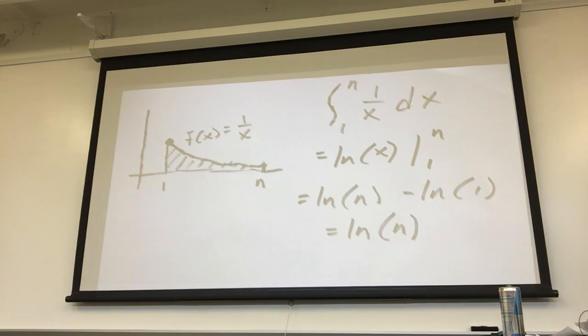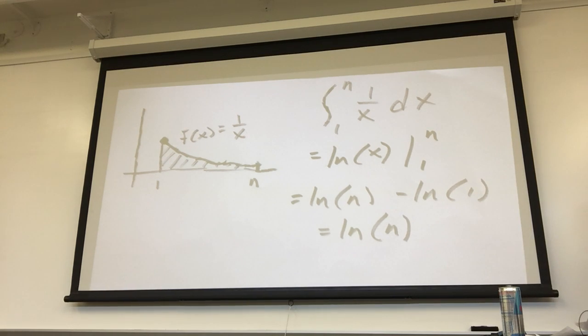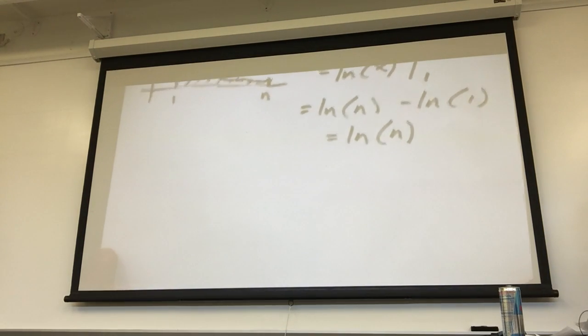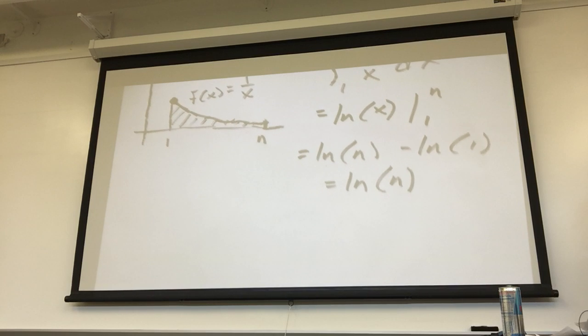Okay, so we're going to look at a left sum and a right sum of this thing. Okay, so what if I rewrote this in a slightly different way? Okay, so I've got my f of x, which is 1 over x. I'm going to leave it so you can see it right there.